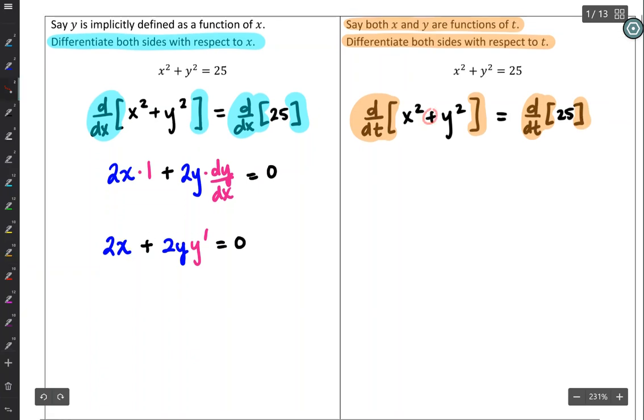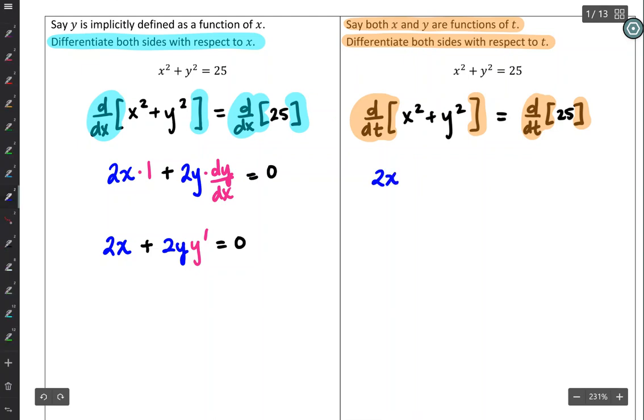Now the left-hand side again is composed of terms. I get to compartmentalize my thinking and just think of the derivative of x squared and then just think of the derivative of y squared separately. The derivative of x squared is 2x, chain rule, times x changes with respect to time, t for time. x is a function of time.